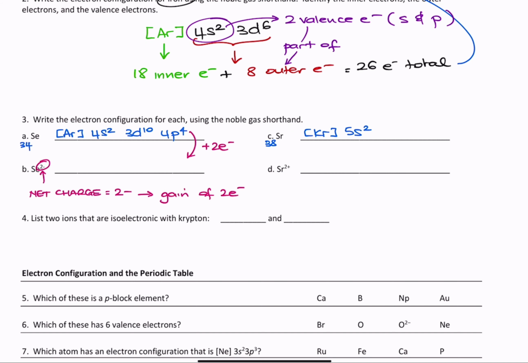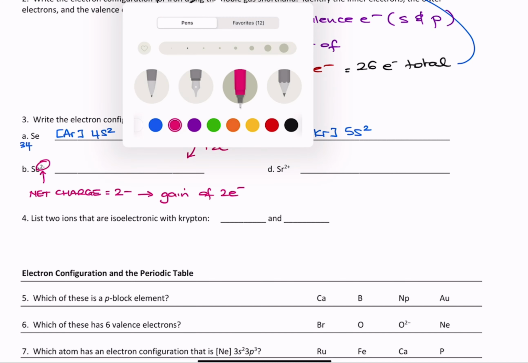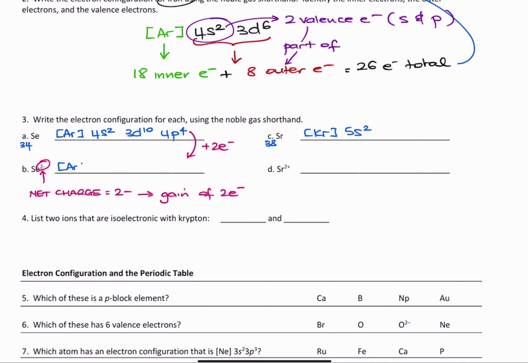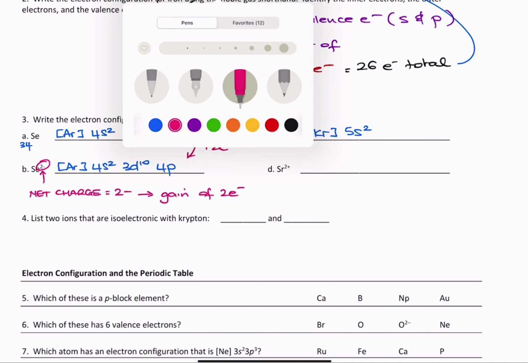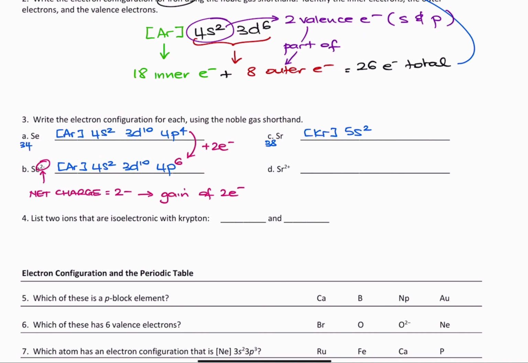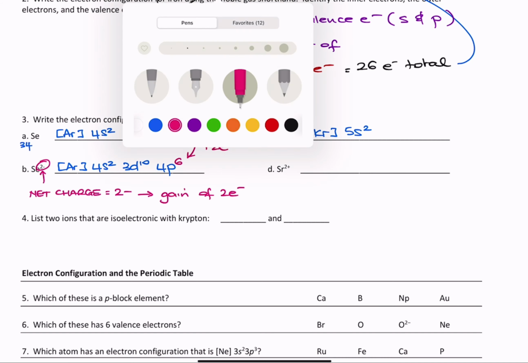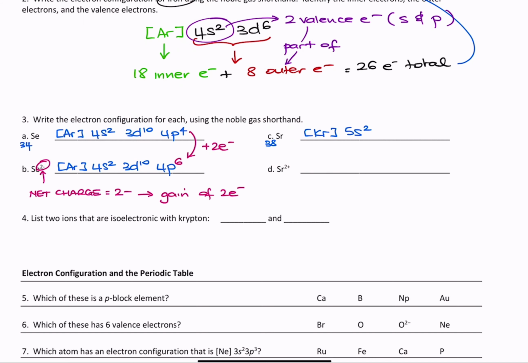These electrons will go on the outermost shell, and the new configuration becomes argon, 4s2, 3d10, 4p, 4 plus 2, gives me a 4p6. Argon 4s2, 3d10, 4p6, it's actually the configuration of the noble gas krypton with 36 electrons total.